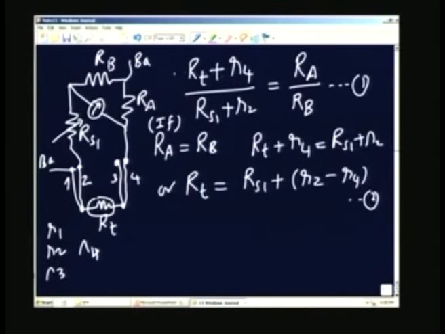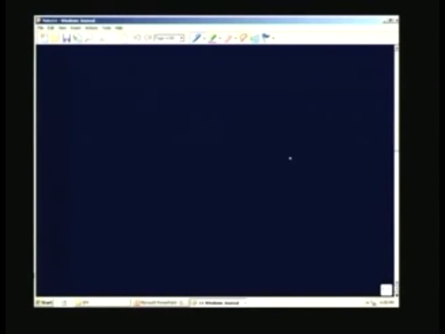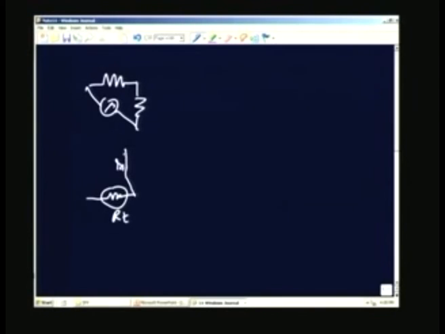Now, let us look at the second arrangement, where what I am going to do is, I will have the same, these two resistances no change, and here I am going to change the terminals. This is RT. I will allow R1 to float.